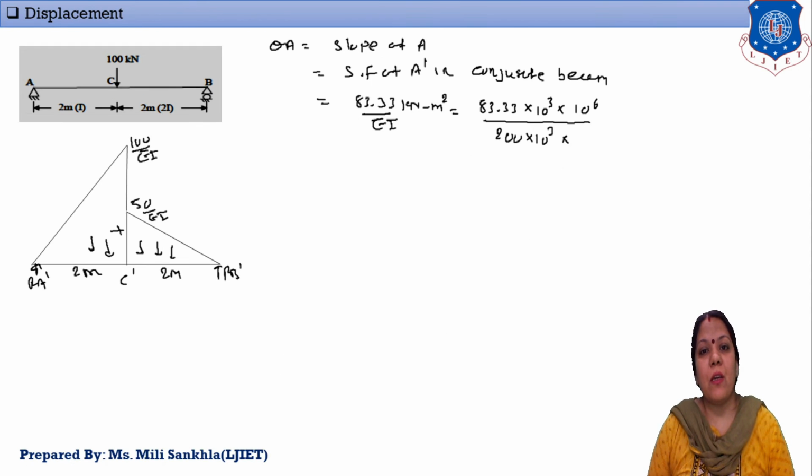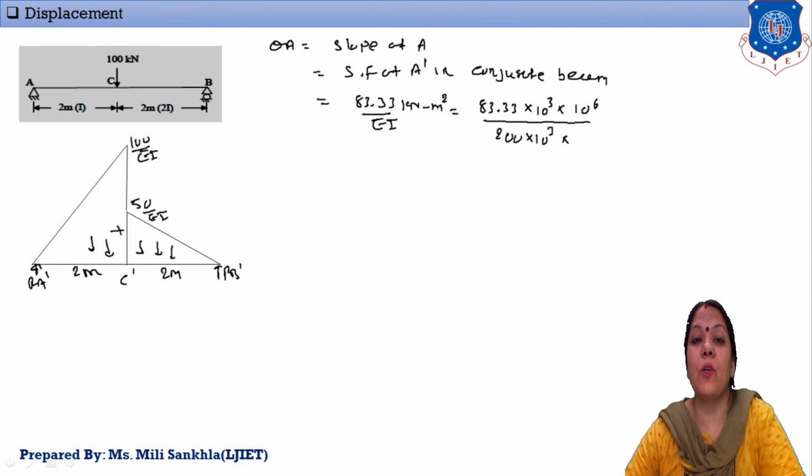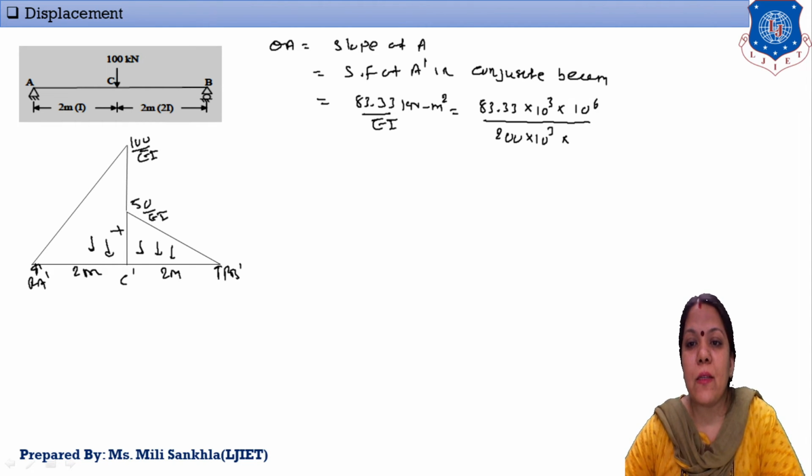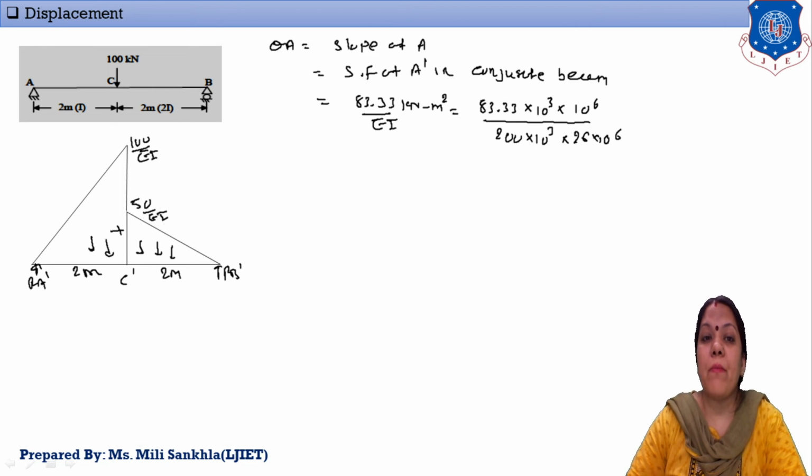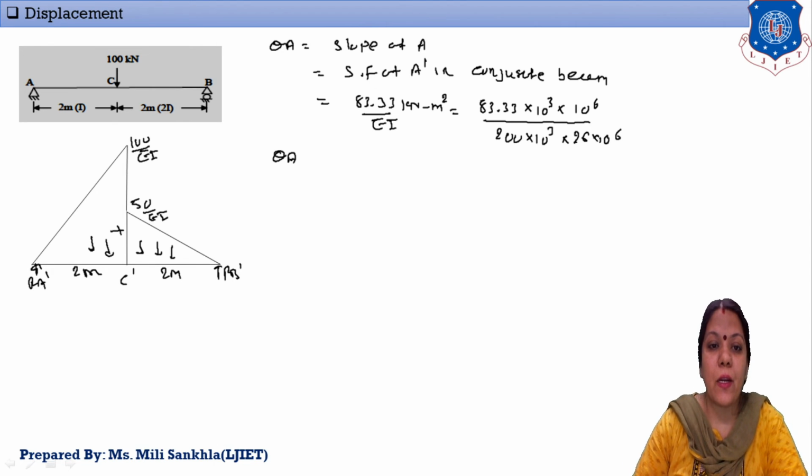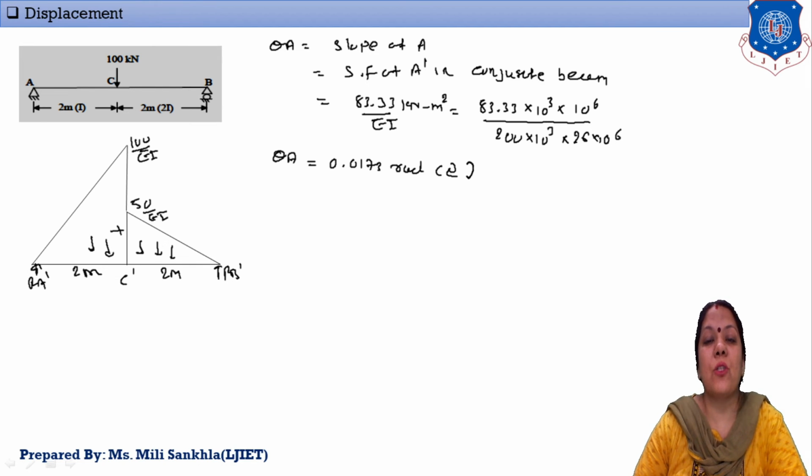So my theta A after simplification is 0.0173 radian, and a positive answer, so clockwise.